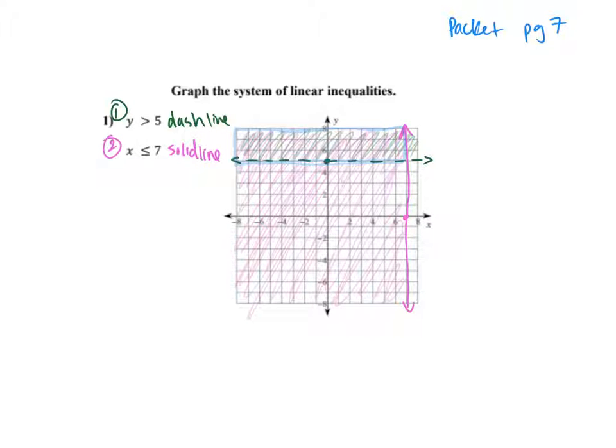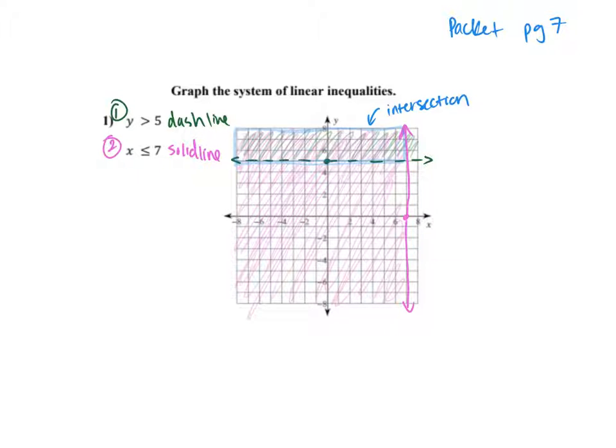So this here is our intersection. For systems of inequalities, what you're trying to do is find the area on the graph where the two shaded regions meet up, or the two inequalities meet up. So it's not like an intersection point, it's an intersection area.